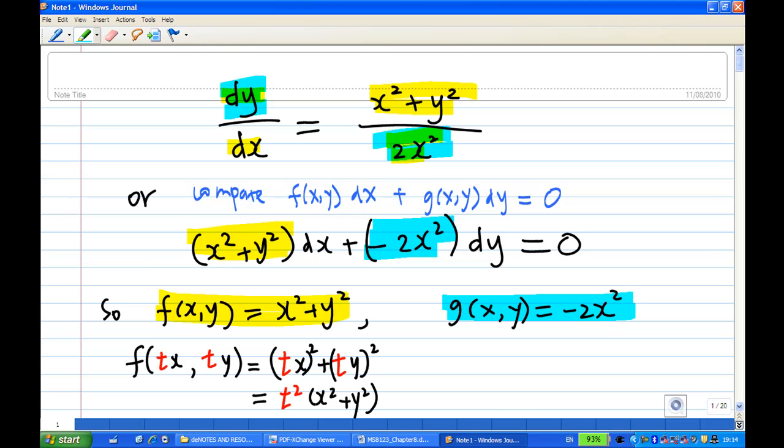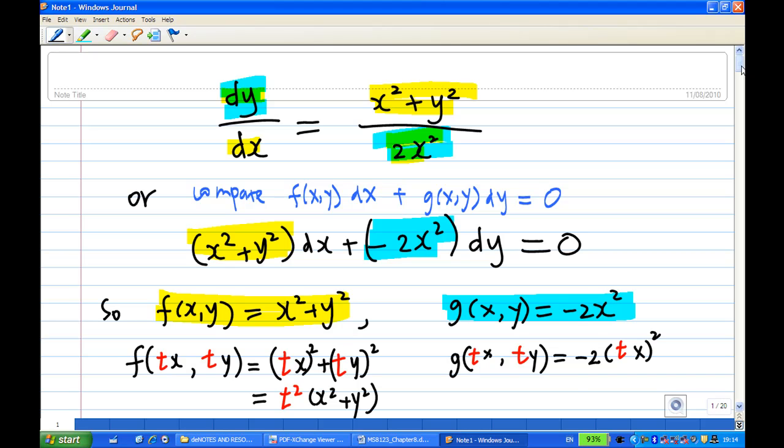Now you notice that f(tx,ty) is (tx) squared plus (ty) squared, and then you can pull out a t squared. Then you can do a similar thing for g as well. If you change x to tx, you get minus 2 times (tx) squared.